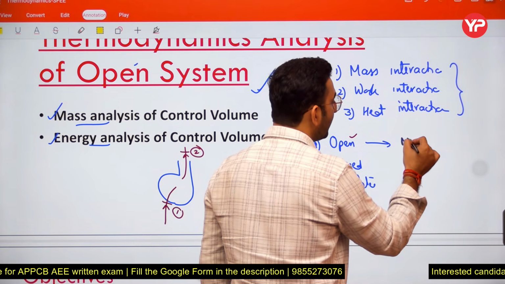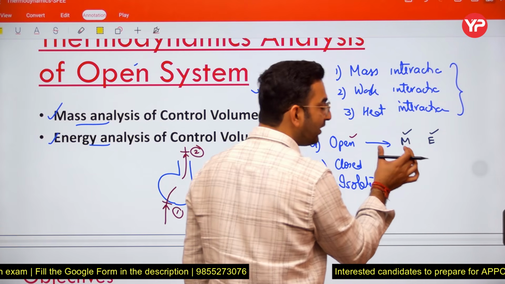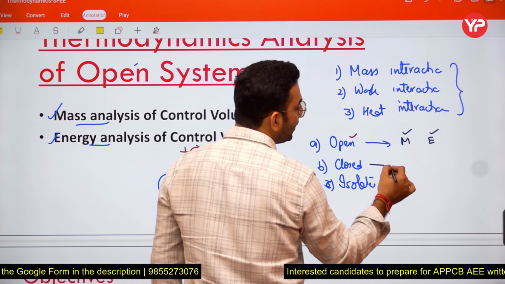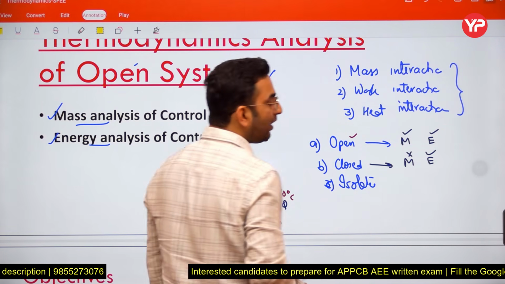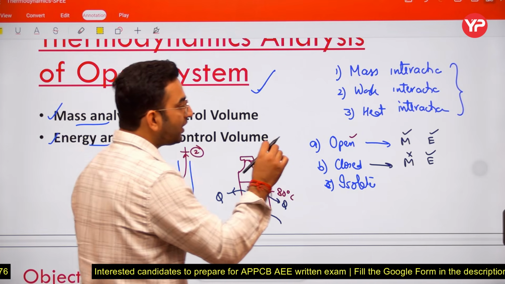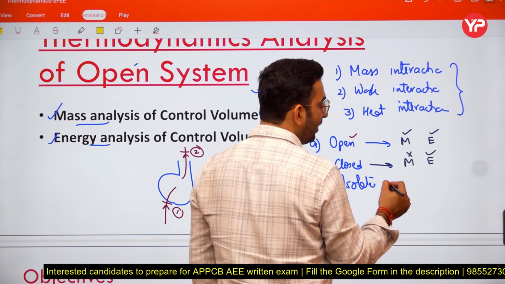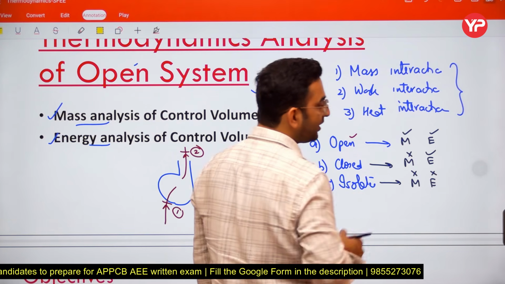So we have to remember the mass interaction as well as the heat and work interaction both will take place in the case of open system, and in the case of closed system there is no mass interaction but only the energy interaction is taking place. Okay, remember that part. Now in the case of an isolated system, what is happening? Neither the mass transfer nor the energy interaction takes place.